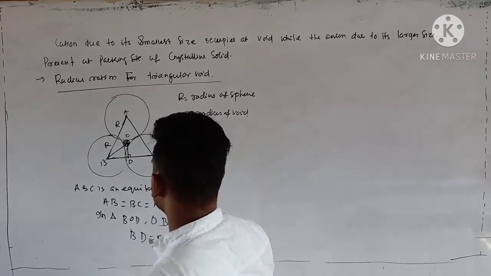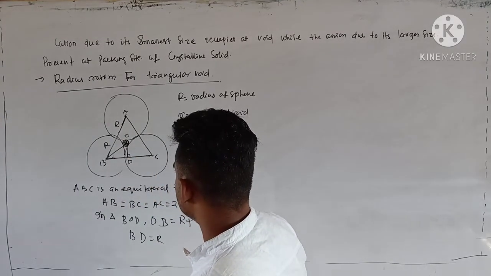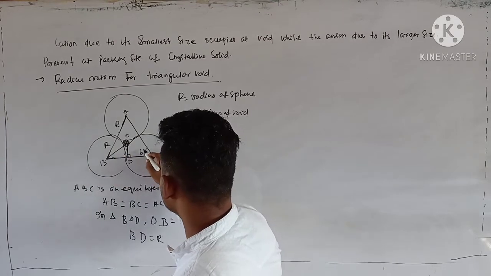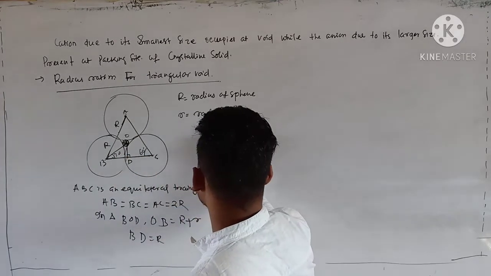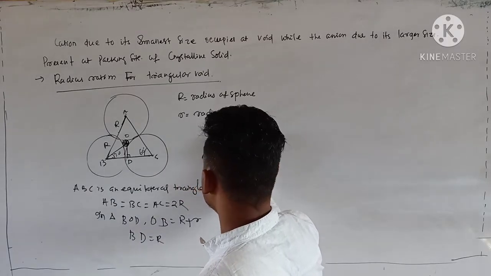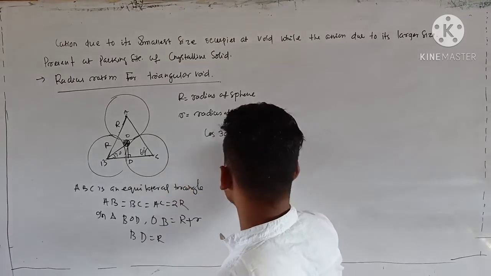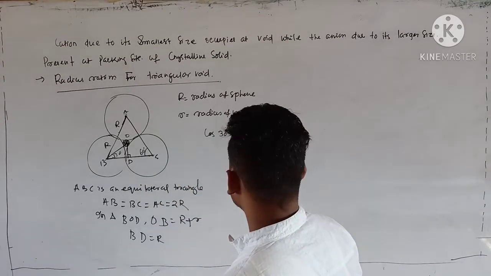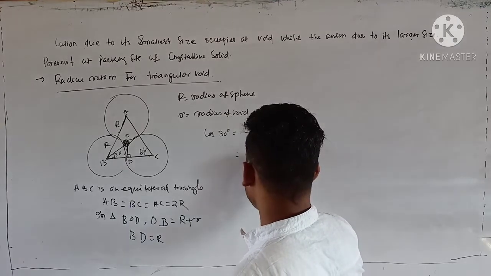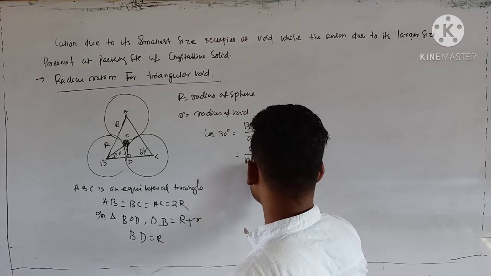Now if I consider cos 30, each angle here is 60 degrees and this one will be 30 degrees. So cos 30 degrees equals base over hypotenuse, that is BD over OB, which is capital R divided by capital R plus small r.